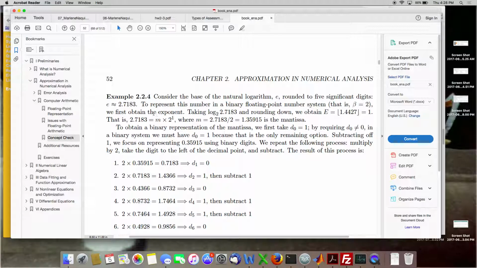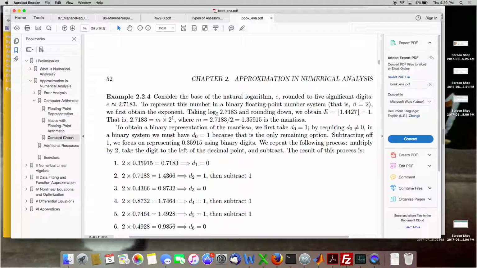Here I've separated x into a product: the magnitude part, just the 2, and then everything else goes into the mantissa. Now I have a mantissa that's between 1 and my base. How did you get the mantissa in the second part? Once I found my exponent, I take my number and divide it by 2 raised to that exponent.